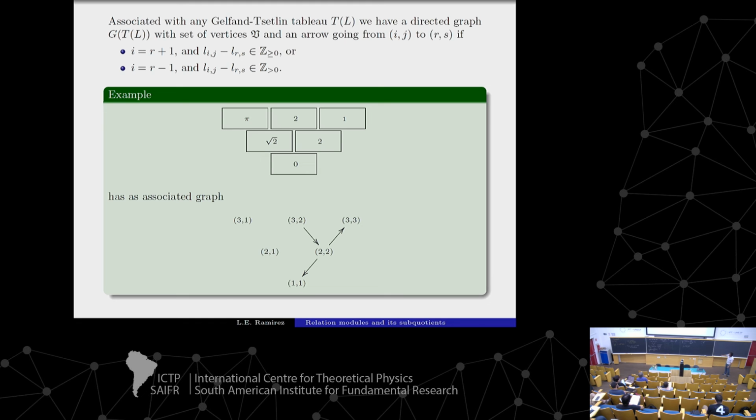But now we have another graph. Of course, in this case, it's bigger, but the idea is how these two graphs are related, and what the relation is with the simple subquotients of the model we constructed.